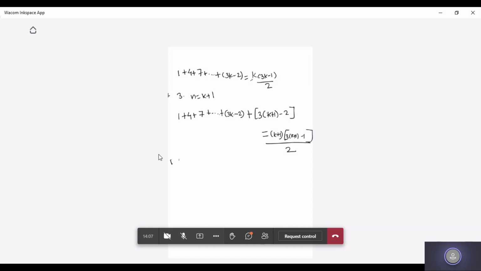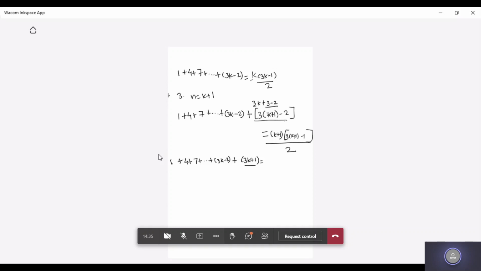1 plus 4 plus 7 plus 3k minus 2 plus, now this is 3k plus 3 minus 2, right? So can I say that directly as 3k plus 1? 3k plus 1, okay, which is equal to, this is 3k plus 3 minus 2, so 3k plus 1 that I have written over here.